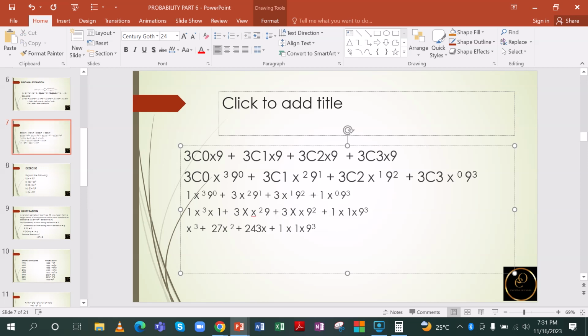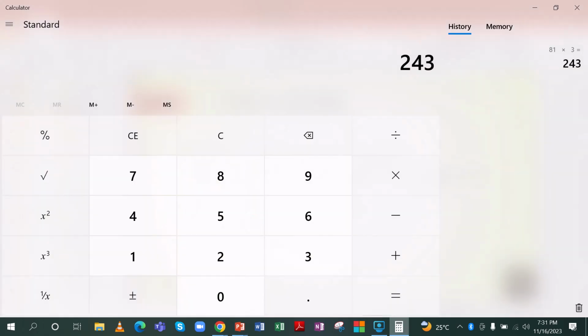Then resolve this one. 1 times 1 is still 1. Times that, it will be that. Remember, 1 times 1 times 9 to the power 3. If you look at that, 9 times 9 times 9 is equal to 729.